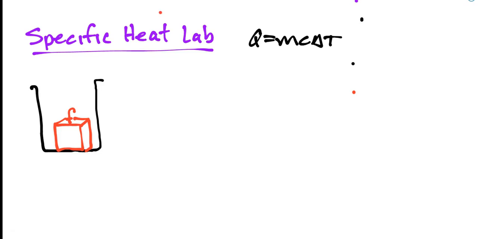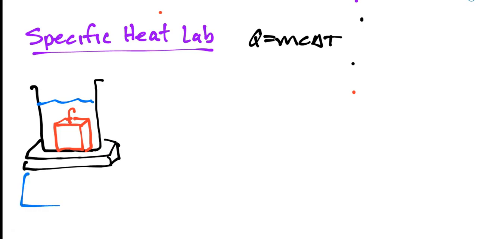And outside of that, we're going to have water, on the hot plate. So here's the hot plate, and there's your temperature and so on.